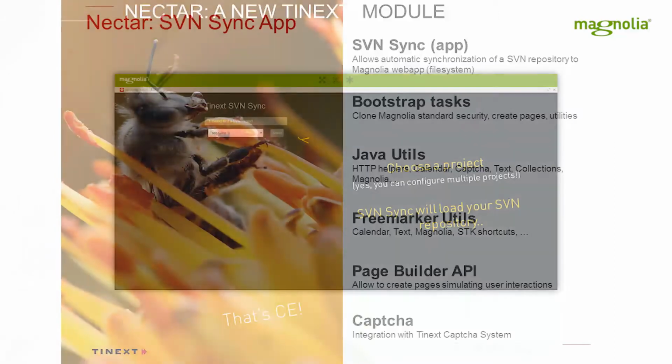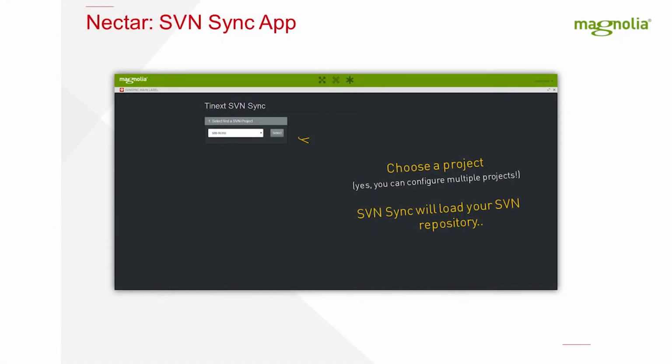I would like only to tell you the story about the SVN Sync app. This app was a Magnolia 4 app based on the standard Magnolia 4 framework for producing dashboards and utilities for the backend.